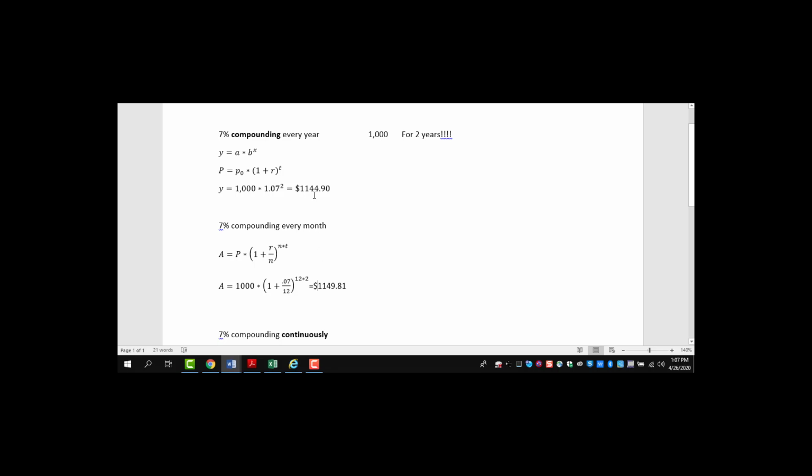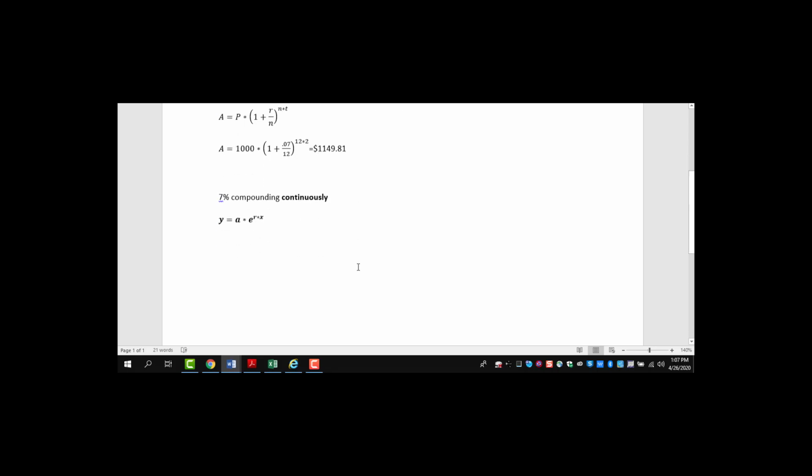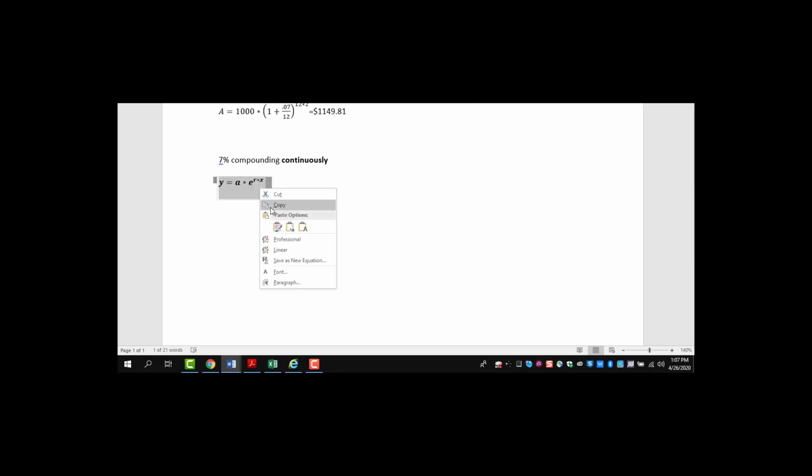Which is more than I got by compounding it yearly, which makes sense. Because every month you're getting a little bit, and then the next month you're compounding on the interest you got from the month before. Now this is how your credit card companies charge you, believe it or not.